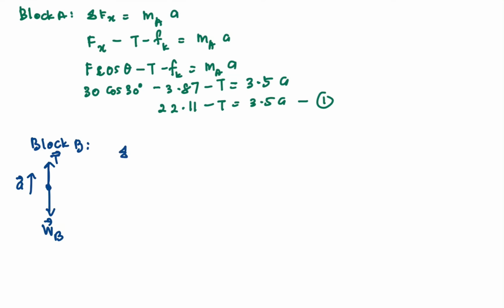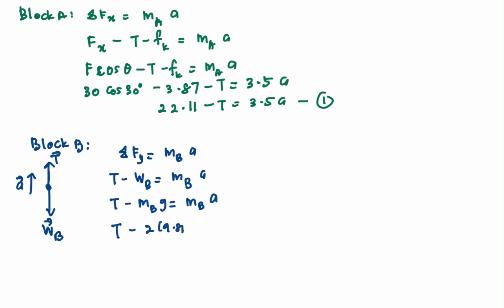So summation in the y component equal to mB a, and it will be T minus WB equal to mB a. So T minus mB g equal to mB a. Substitute values: T minus 2 times 9.81 equal to 2a.